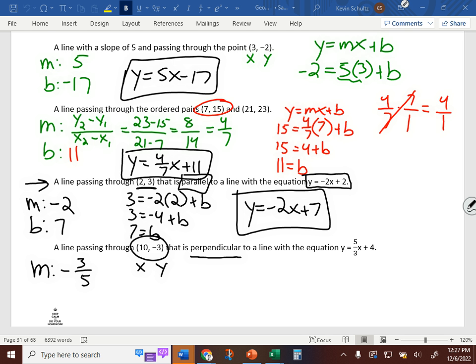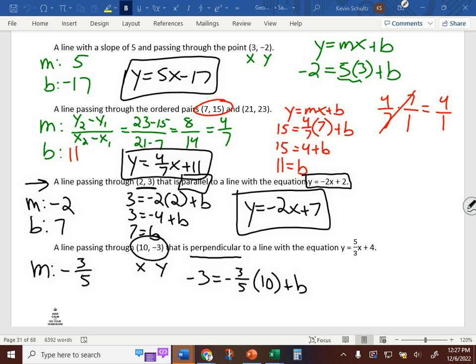So in slope-intercept form, negative 3 goes in for y. Our slope is negative 3/5. Our x value is 10. And we're solving for b. Same process, right? A little bit different for all of them here, but generally the same idea.